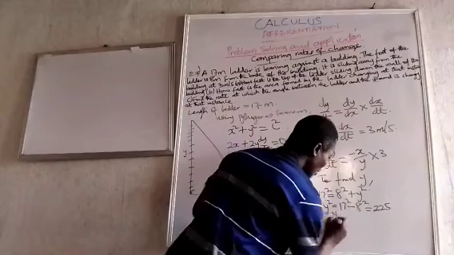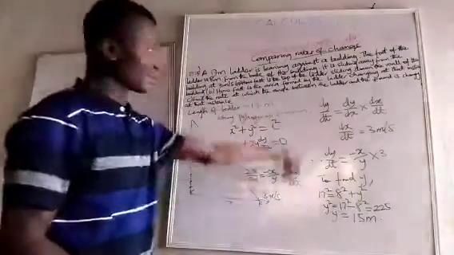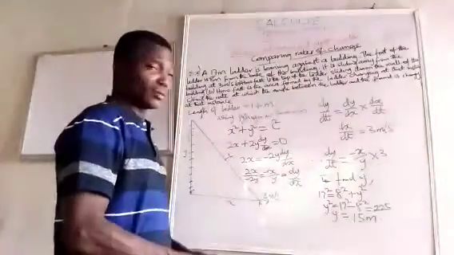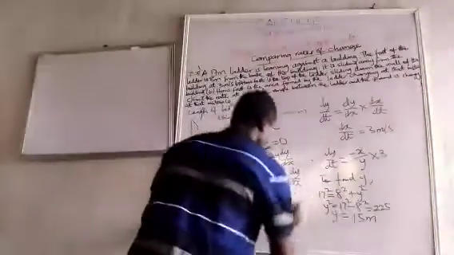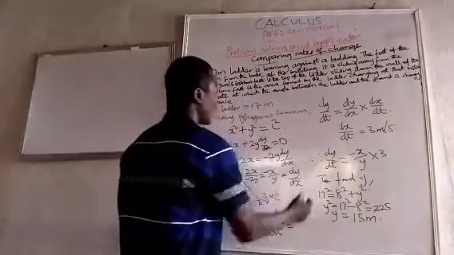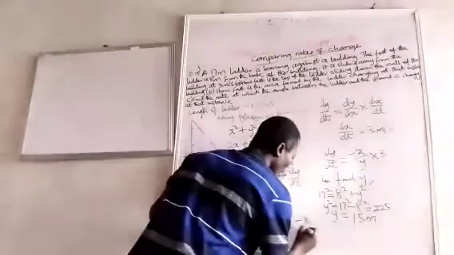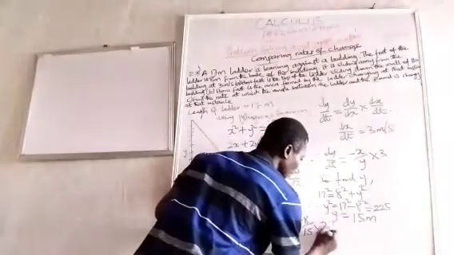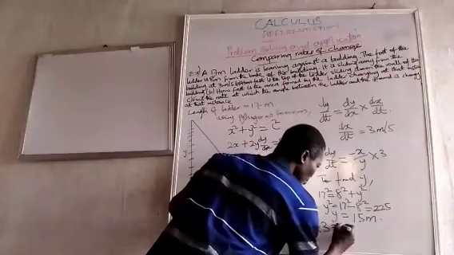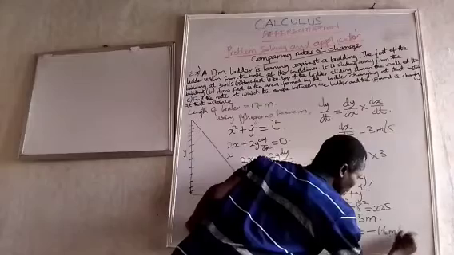So y is equal to 15 meters. With this information, we can get our dy/dt. Therefore, dy/dt, that is the rate at which y is sliding, is minus 8 over 15 times 3, which is minus 8 over 5, minus 1.6 meters per second.